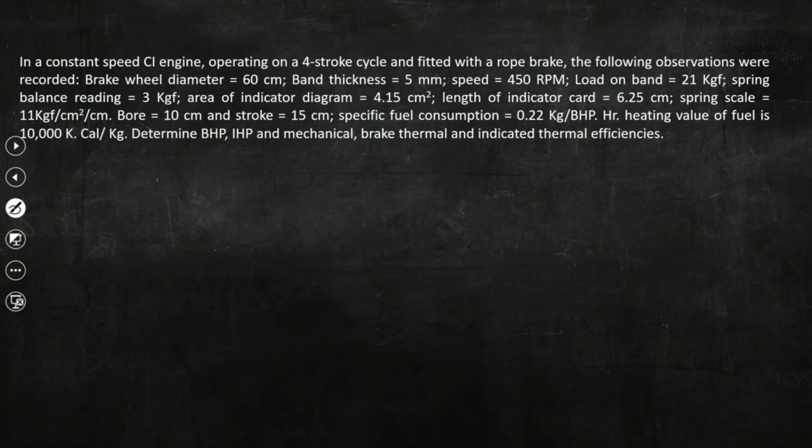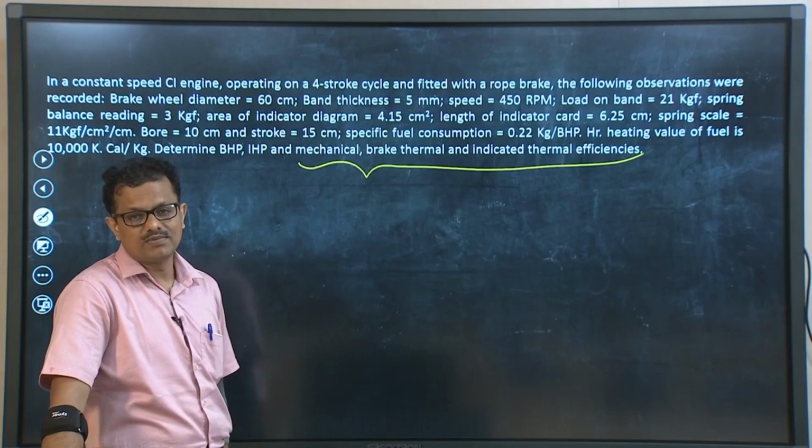Though we are yet to discuss several efficiencies, you can understand from the problem we are going to solve today. Already we have discussed volumetric efficiency. In the previous class we discussed mechanical efficiency, and we are also going to see two other efficiencies, brake thermal and indicated thermal efficiencies.